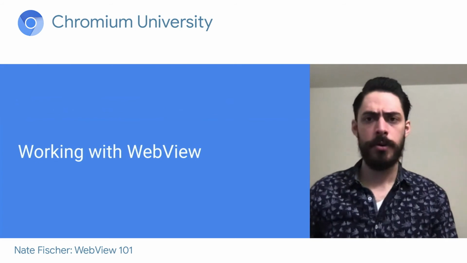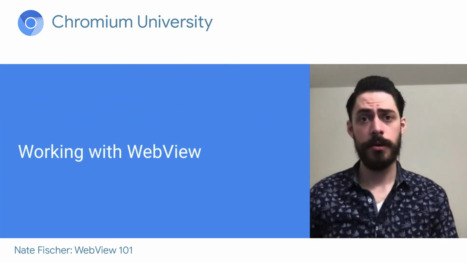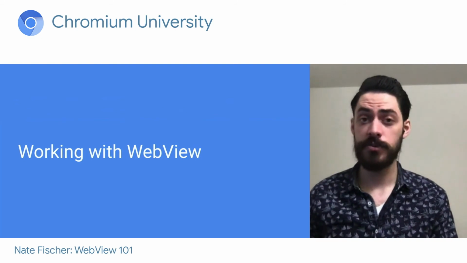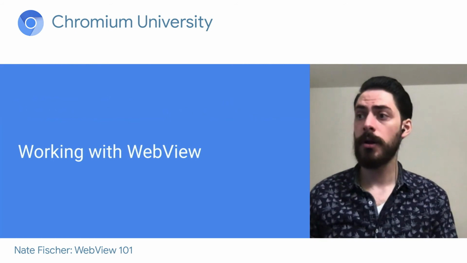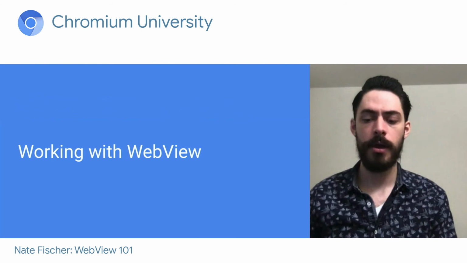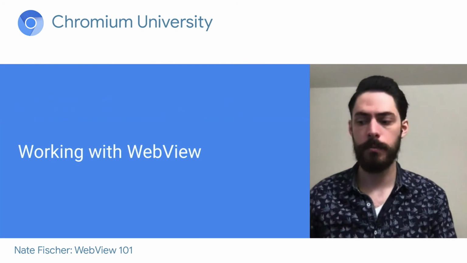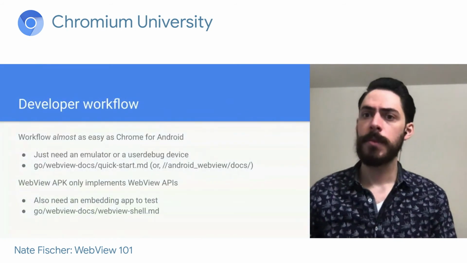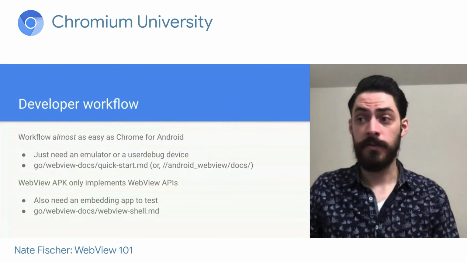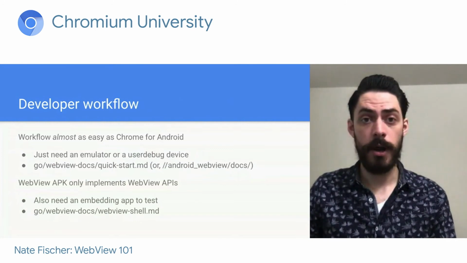All right, so we should have more or less a picture of what WebView is, at least at a high level, and how it differs from the Chrome browser. I'd like to jump into what it means to work with WebView and tell you a little bit about some of the past projects we've done here on the team. So the developer workflow is, I think, very similar to Chrome for Android.